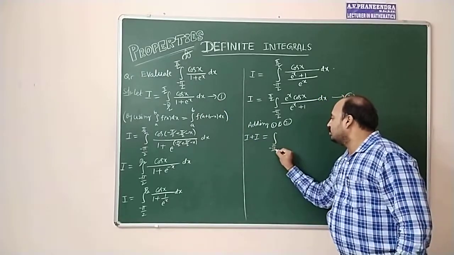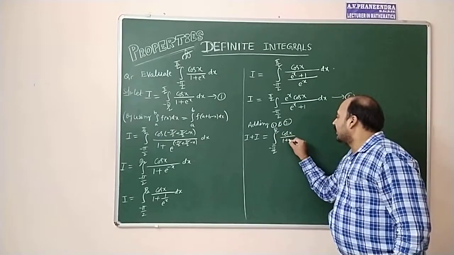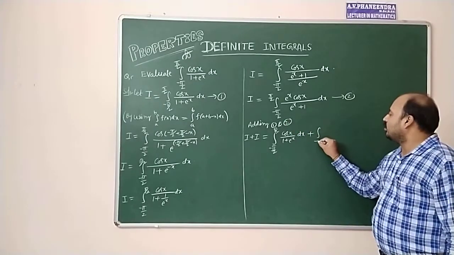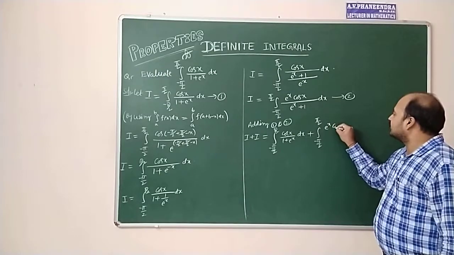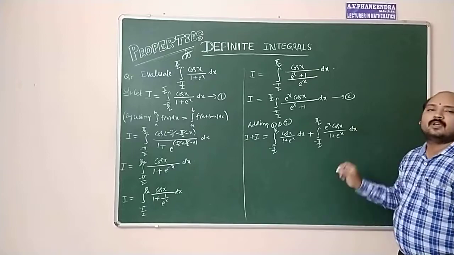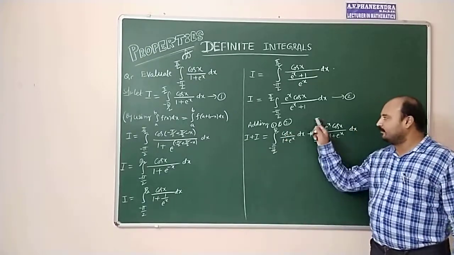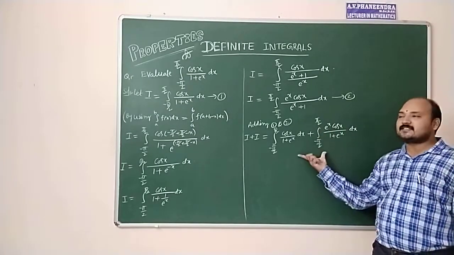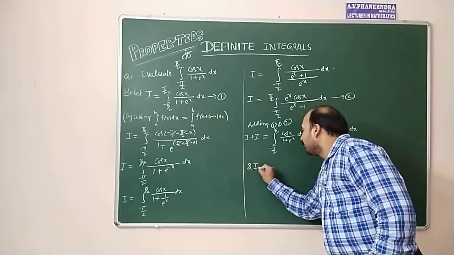Minus pi by 2 to pi by 2 cos x by 1 plus e power x into dx, plus second I value minus pi by 2 to pi by 2 e power x into cos x divided by 1 plus e power x into dx. While adding the two integrals, whenever limits are the same and denominators are the same, you can add the numerators. Make it a single integral, which is equal to I plus I is 2I.